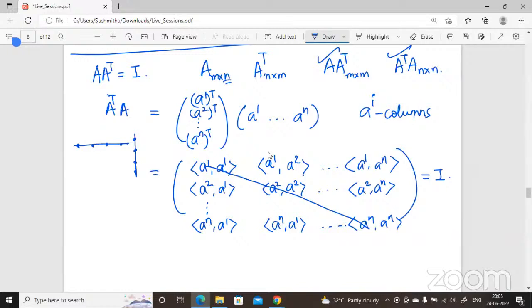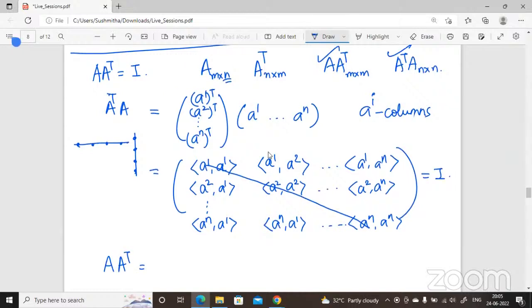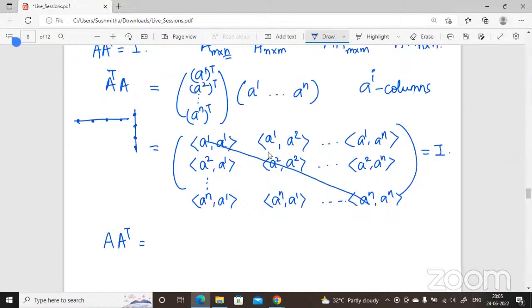One second. Before doing that, we'll just discuss what happens in AA transpose. With the same concept, what is happening there? Then it is row vectors.